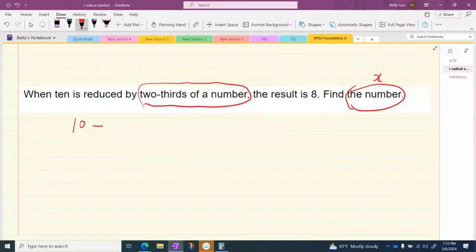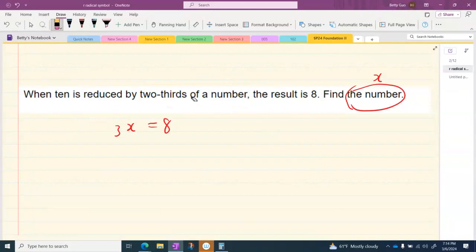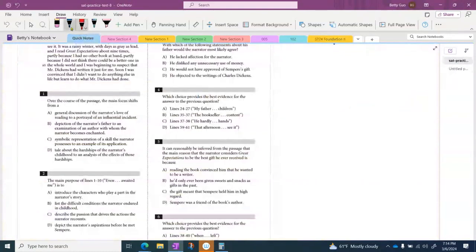How much is that? 2/3. Of here is translated to a multiplication symbol: 2/3 of a number, so of x. So 2/3 x. The result is 8. And find the number. Okay, I went too fast, right? I want to give you a little time to work on your own.